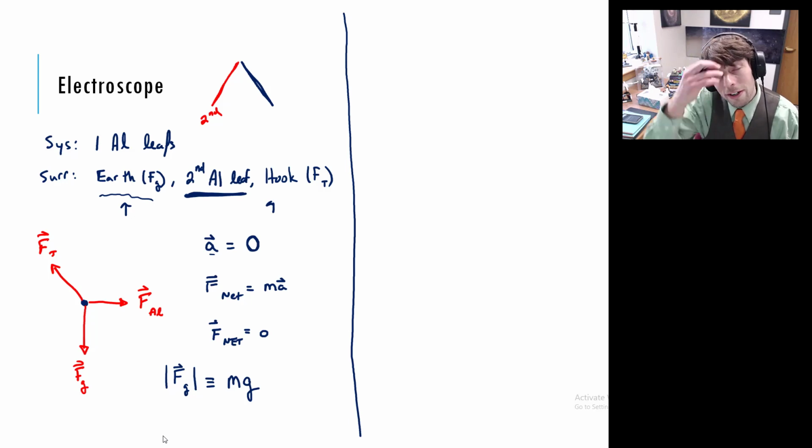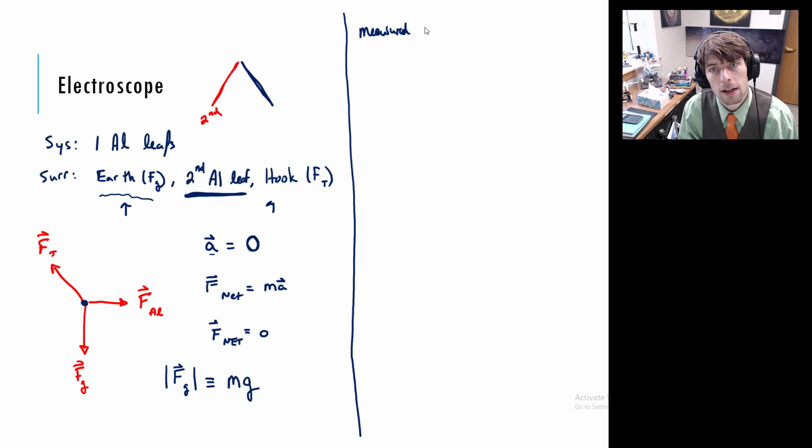So in order for me to actually complete this analysis, I'm going to have to take that little aluminum leaf and stick it on a scale and determine the mass. So let's assume that we've done that. We have measured the mass of the aluminum leaf. We will assume that we have that quantity.